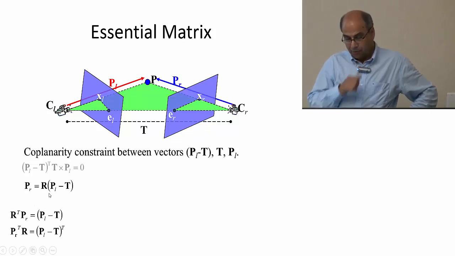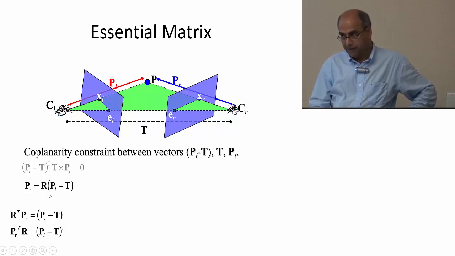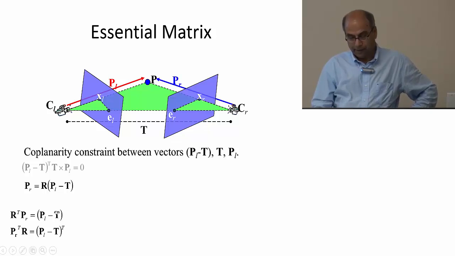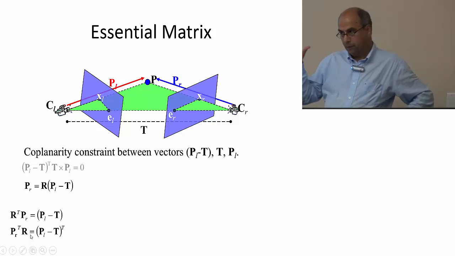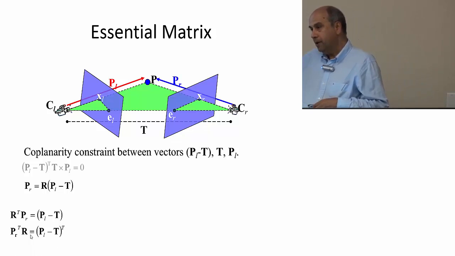Okay? So from here we can simplify this. We bring R transpose to this side, so we have PL minus T, and then we take the transpose of both sides. The transpose of this will become PR transpose R, because when you have two matrices A, B, the transpose of that is B transpose, A transpose.